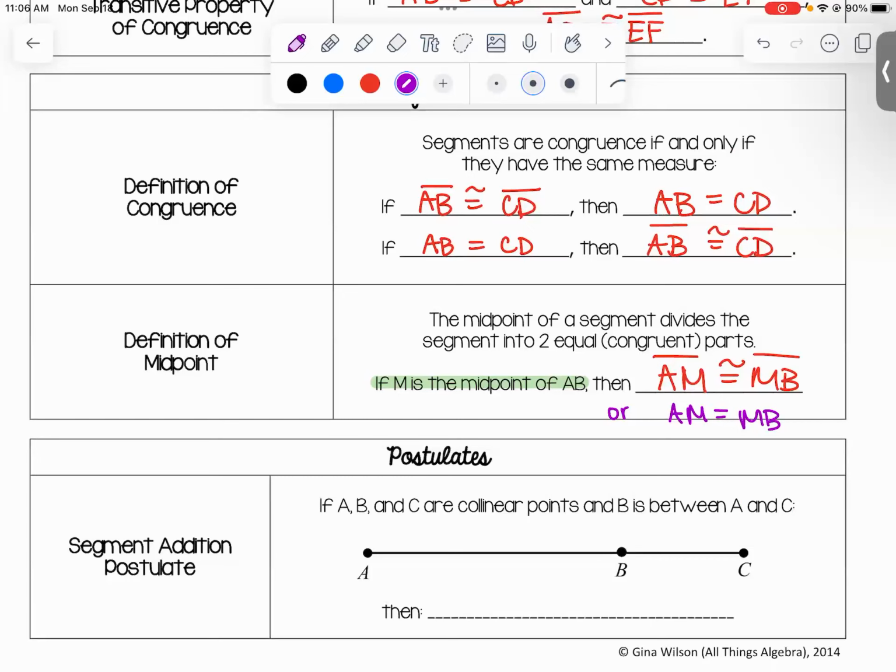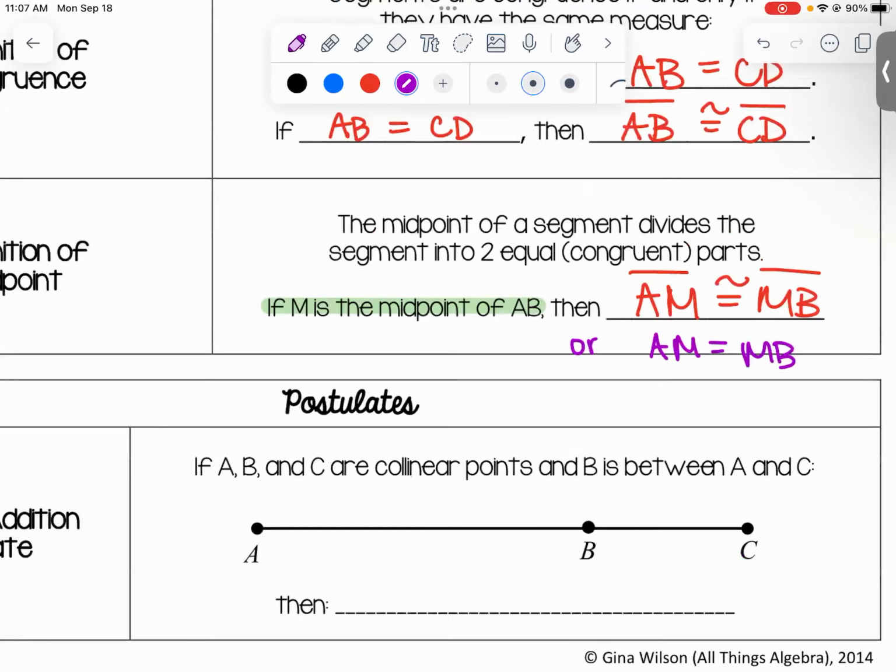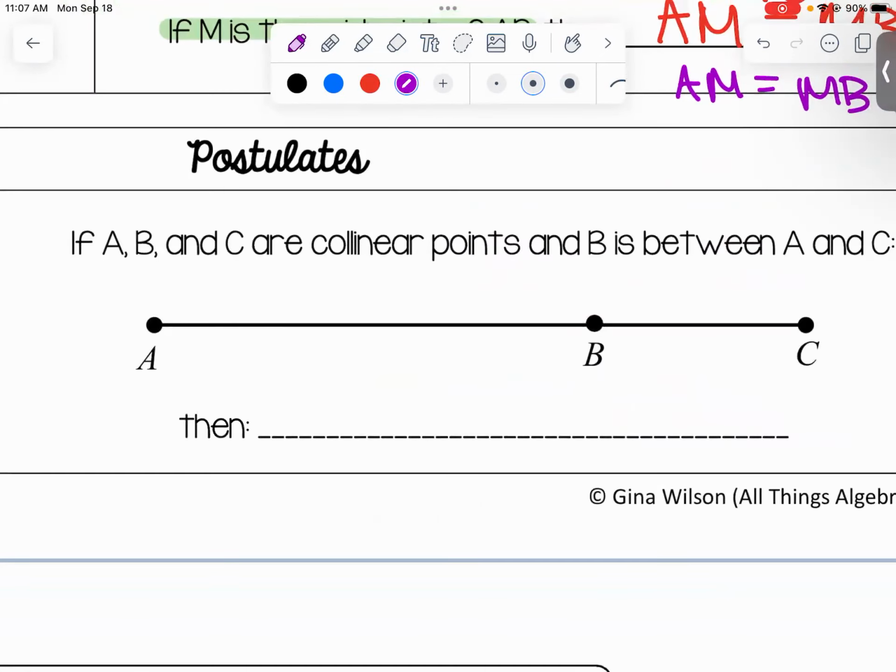We're starting with segments because we don't have as many properties with segments as we do with angles. Last thing we're going to talk about before we actually look at doing a proof is the segment addition postulate. I have three collinear points. Let me just remind you. What did you do if this was 5 and this was 2 and I said, what's the measure of AC?